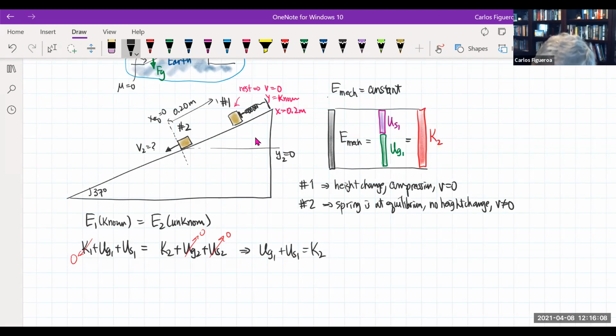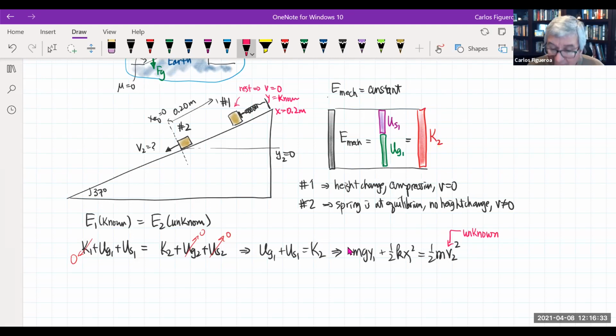So according to conservation of energy, mathematically I have this equation: mgy1 plus 1/2 kx1 squared equals 1/2 mv2 squared. And clearly, this guy right here is my unknown. That's what conservation of energy tells you.